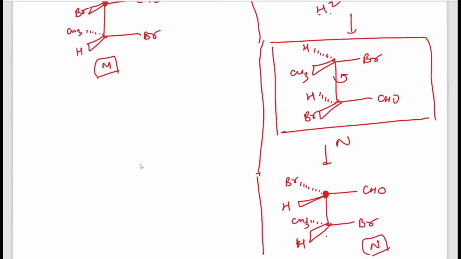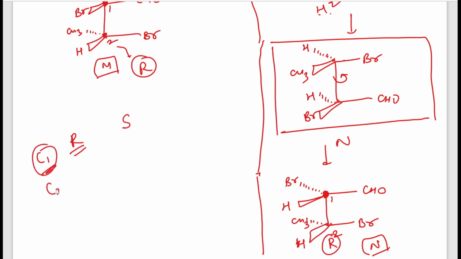If we compare both the structures of M and N, we can give numbers to the carbons. The stereochemistry around carbon 2 is the same, and the configuration of this carbon is R and for this carbon is also R. But in the case of carbon number 1, the stereochemistry is different, and that's why one has R configuration and one has S configuration for carbon 1.